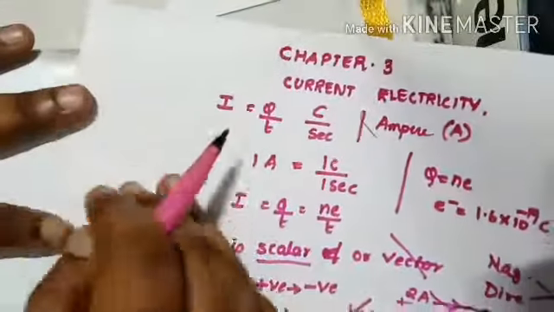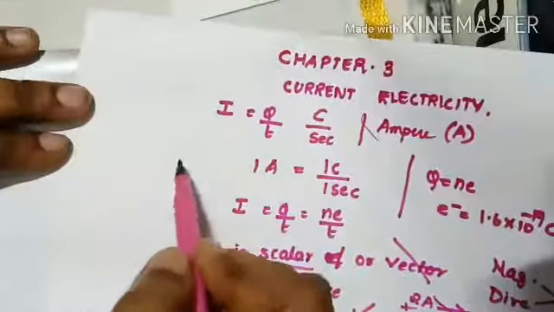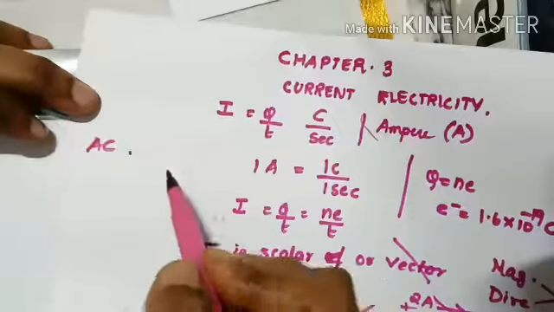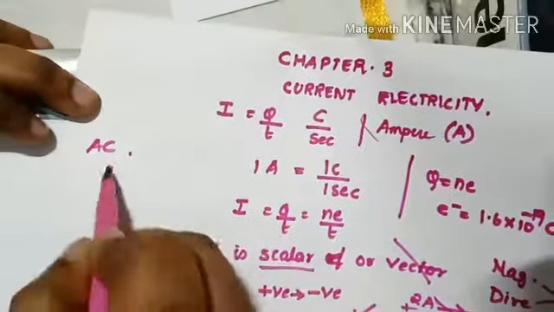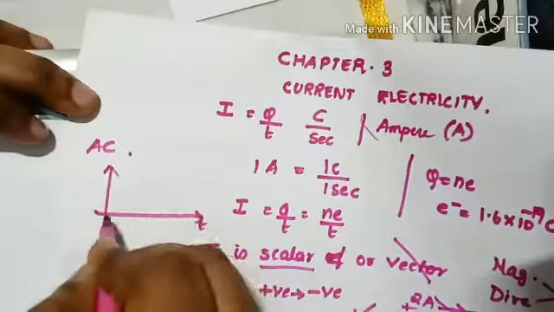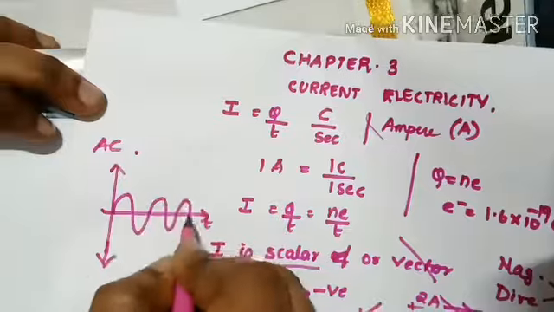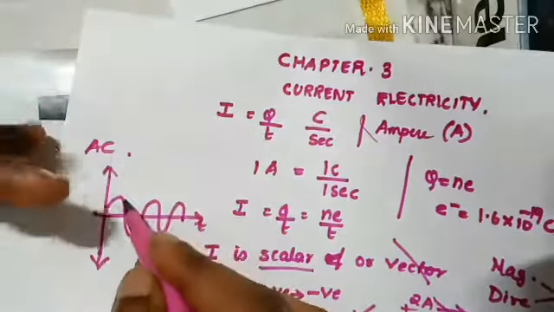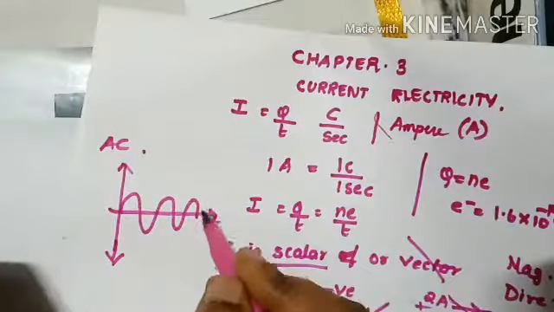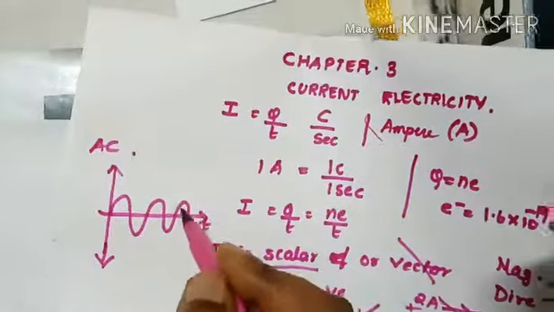Then the last type, after DC, obviously the next form will be AC, that is alternating current. So what is alternating current? Its magnitude as well as direction goes on changing as time goes on, in this sinusoidal form. Initially it has a positive value, then it goes negative, that is, the direction keeps reversing, a 180 degree shift.